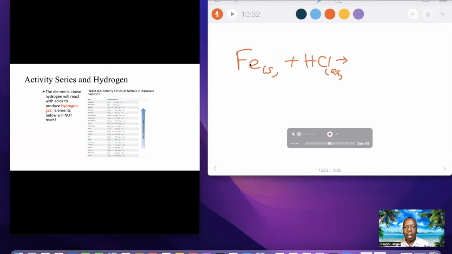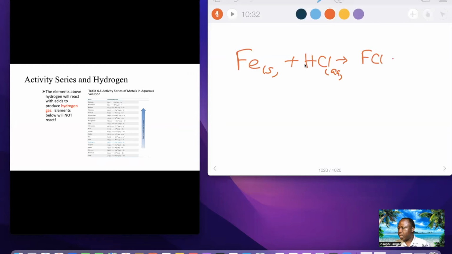Therefore, iron will replace hydrogen. I don't want you to assume that it's going to be iron chloride plus hydrogen. This is wrong. What happens is that it can be iron 2 or iron 3. Let's go with iron 3, all right? So iron 3 is FeCl3.